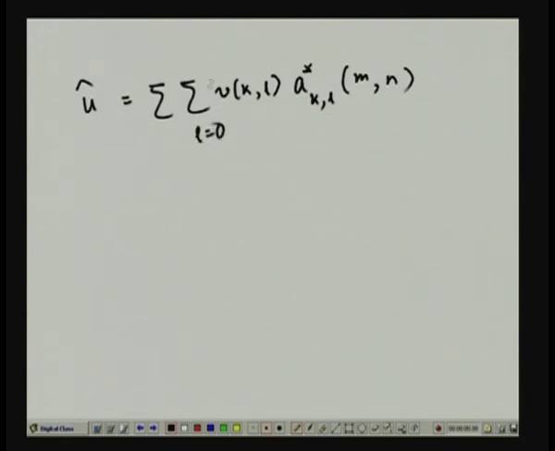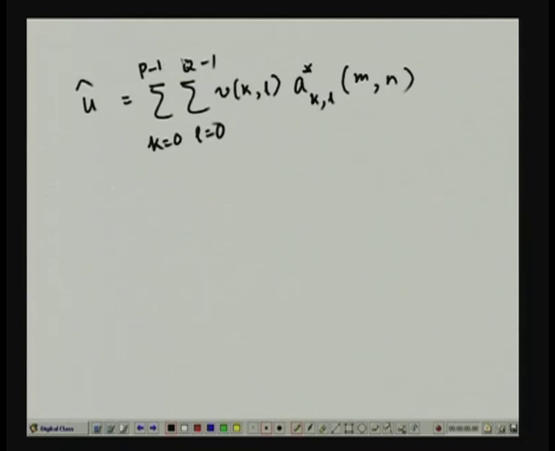So, in that case the reconstructed image u hat will be given by the double summation of V k l into A star k l m n. Suppose l varies from 0 to q minus 1 and k varies from 0 to p minus 1.